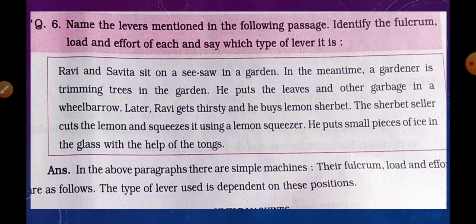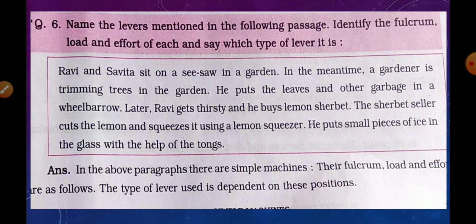The sharbat seller cuts the lemon with the knife and squeezes it using a lemon squeezer. Lemon squeezer is also a simple machine. He puts small pieces of ice in the glass with the help of the tongs. Tong is also a simple machine.